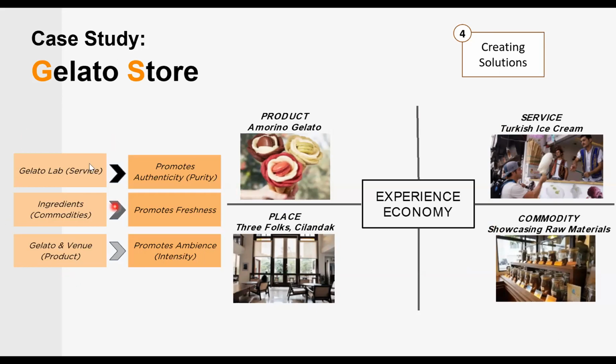So these are the things that we want to achieve for the gelato store, which is its gelato lab, and it promotes authenticity, which is purity. The second one is about ingredients, and it showcases the commodities. These promote freshness. And the last one will be the product, which promotes ambience, or we call it intensity.